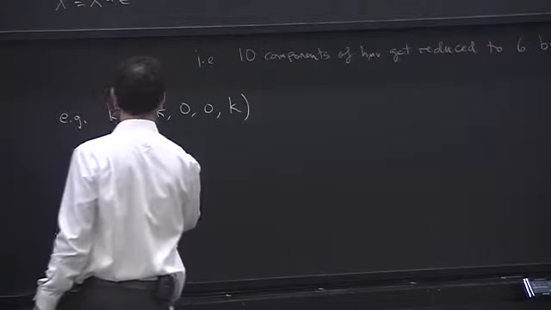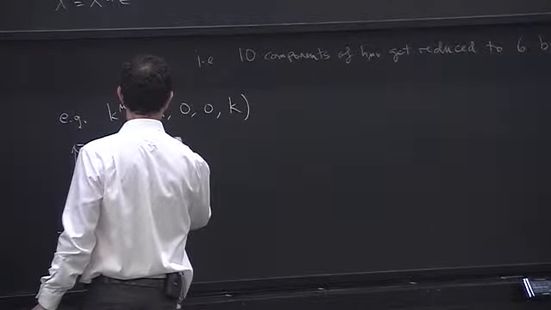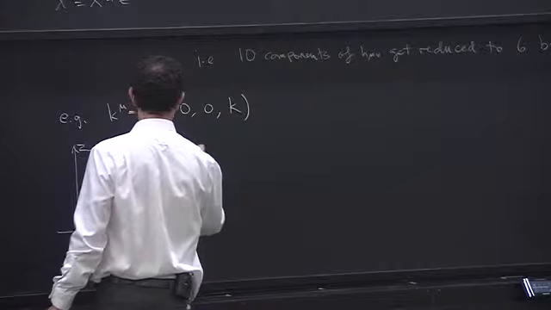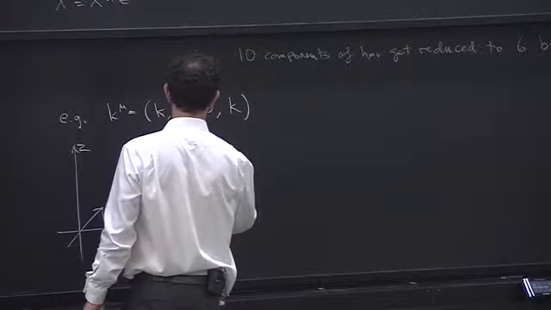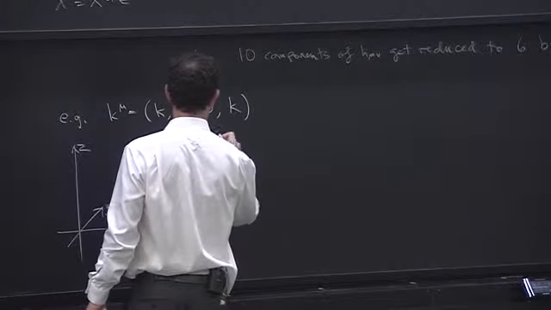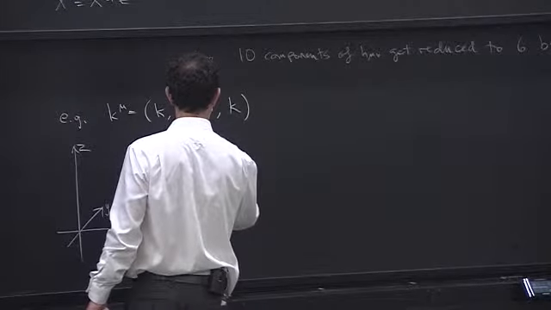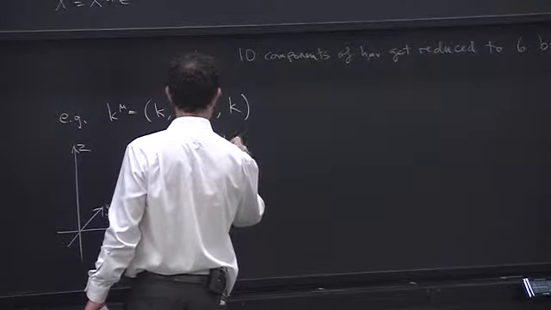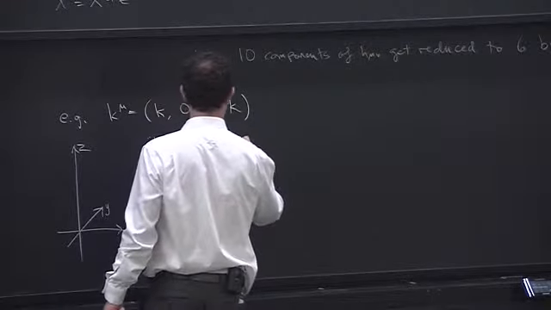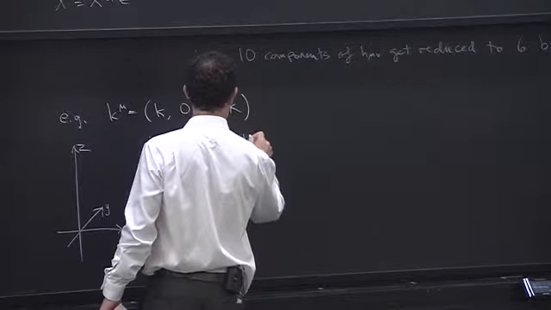Obviously e to the i k dot x will be e to the i k t, actually with a minus sign, so e to the minus i k t plus i k z.